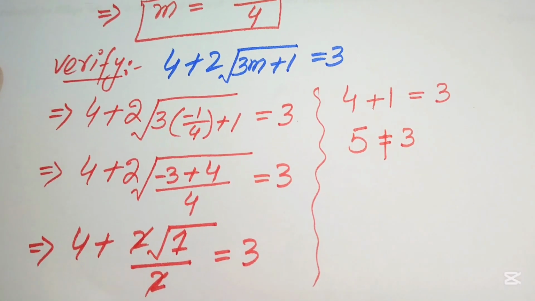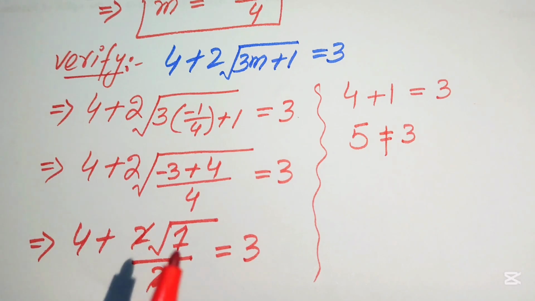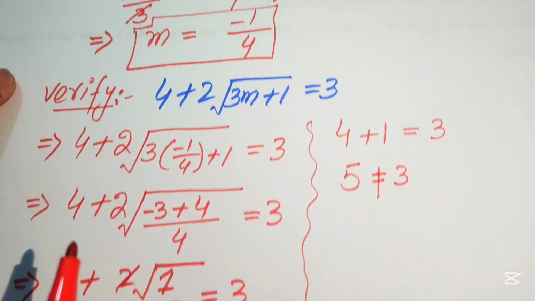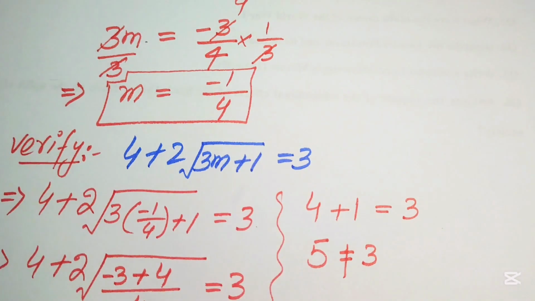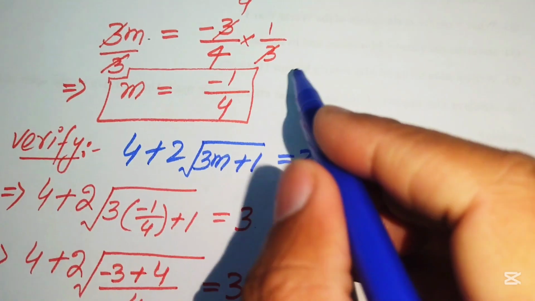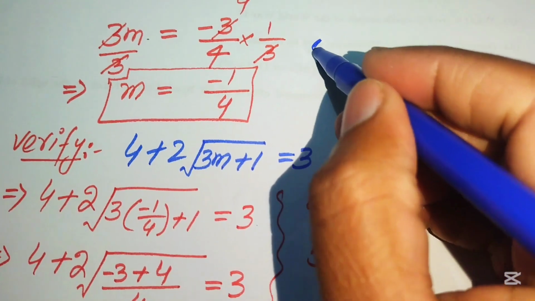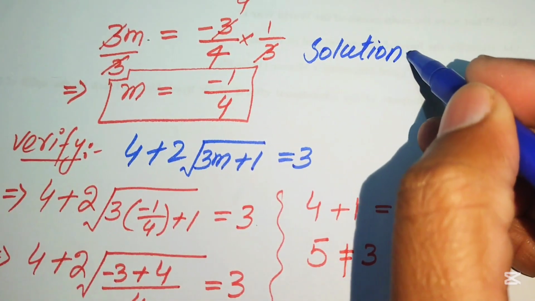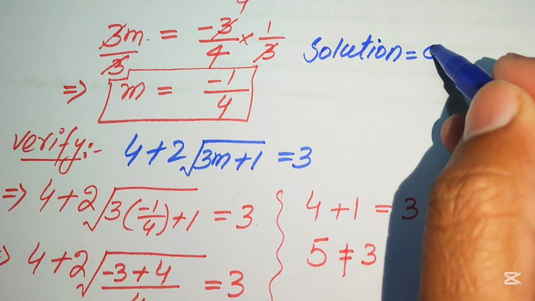This means that this value does not satisfy the given equation. It means that the given equation has no solution. In other words, you can say that the solution of the given equation is phi.